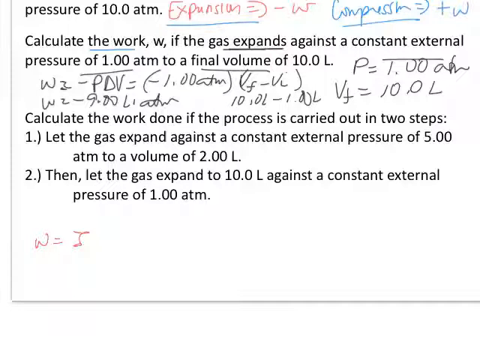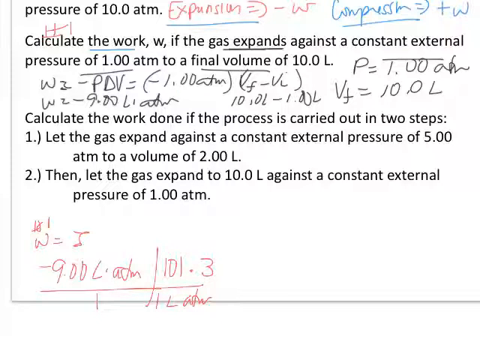So for this problem, you need to convert the negative 9.00 liters times atmosphere using our conversion of 1 liter times atmosphere equals 101.3 joules. And that works out to be negative 911.7 joules.